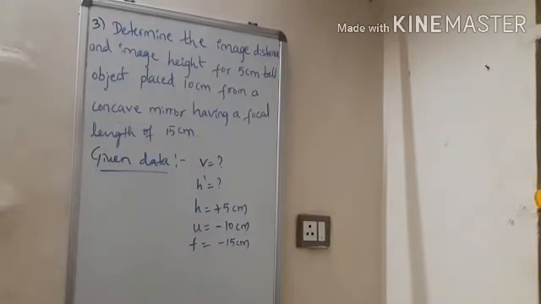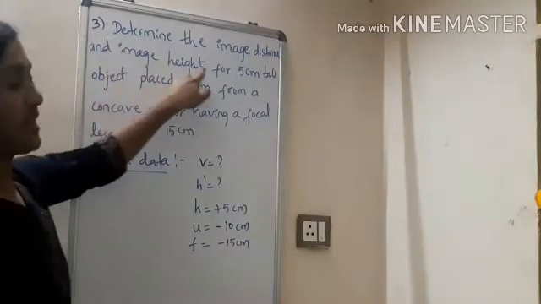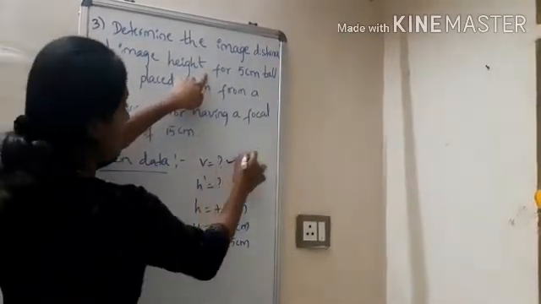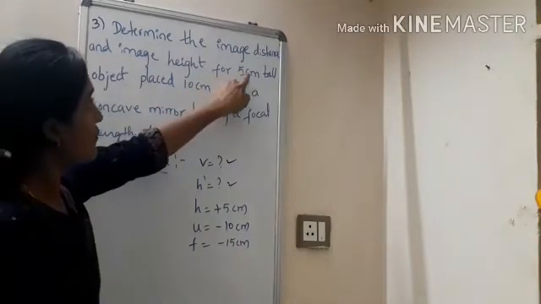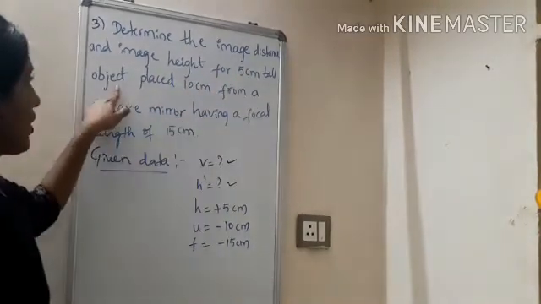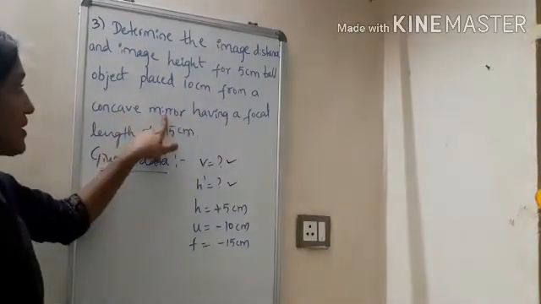So look at another problem: determine the image distance and image height. I wrote image distance and image height we have to find out. For a 5 centimeter tall object placed 10 centimeter in front of the concave mirror.